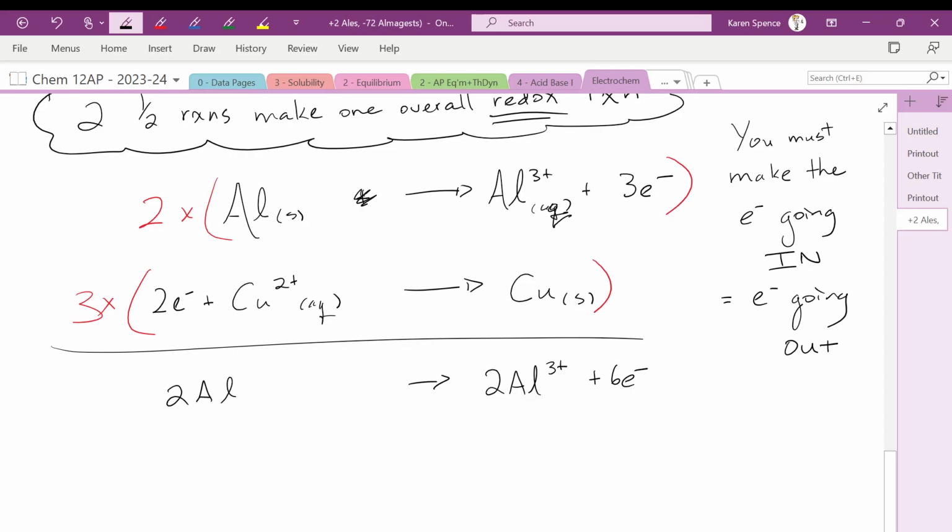And now I also have 3 times 2 is 6 electrons plus 3 Cu2+ gives 3 Cu.